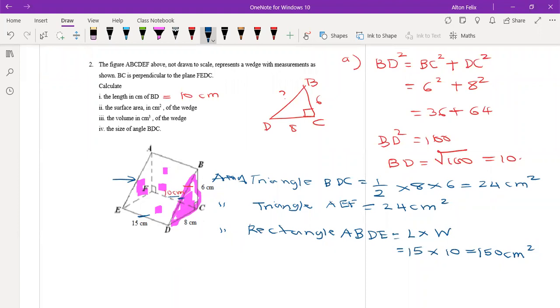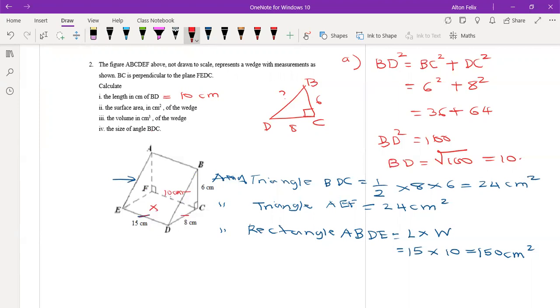So we do the same thing. Let's look at the bottom piece. Let's see if we can make out our shapes here. Let's go back to our 10 centimeters here. That's this length, 10 centimeters. So the bottom piece, which is this piece marked X at the bottom here, would be EFCD. We already have the length here, and we have this distance here as the width.